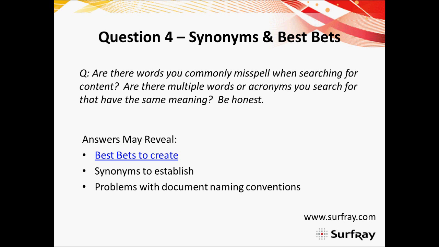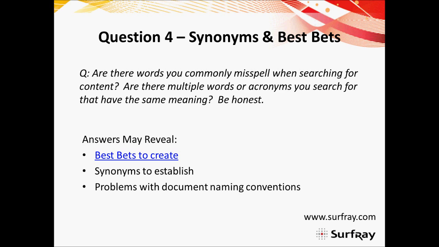Similar to synonyms are best bets. What a best bet is, it takes those terms, take for example those ones I just mentioned, and it will go into your document result set within search and will pull out the single most relevant result that you have set up. So let's say that you have a policies and procedures document that is changed from time to time.